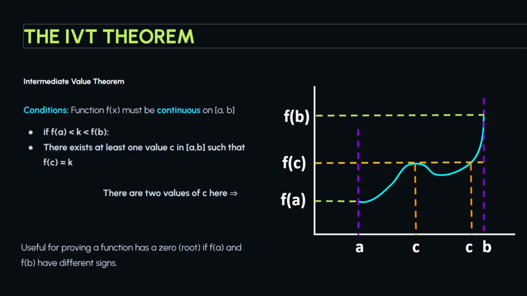If it is continuous, and you have a value k such that f of a is less than k is less than f of b, the theorem guarantees that there exists at least one value c within the open interval a, b, such that f of c equals k. This theorem is incredibly useful on the AP exam for proving that a function has a zero or a root, specifically if you can show that f of a and f of b have completely different signs, meaning one is positive and one is negative.